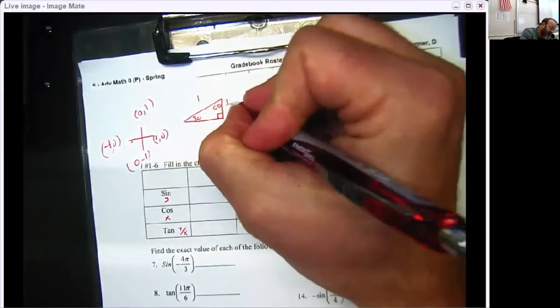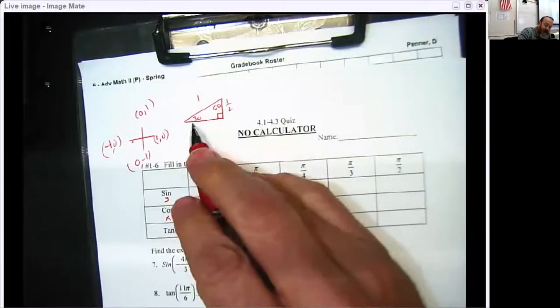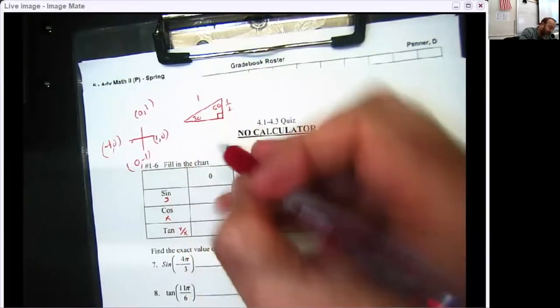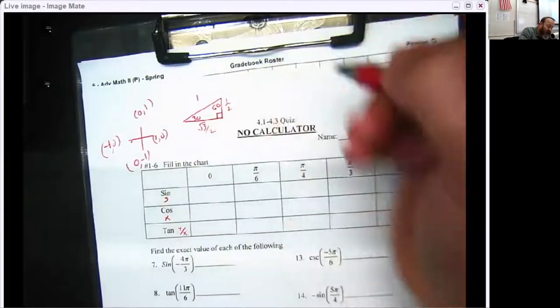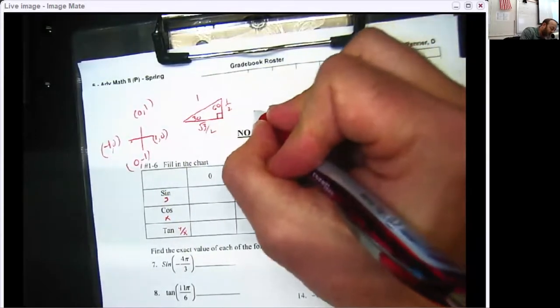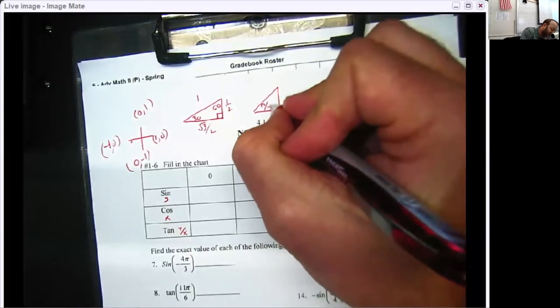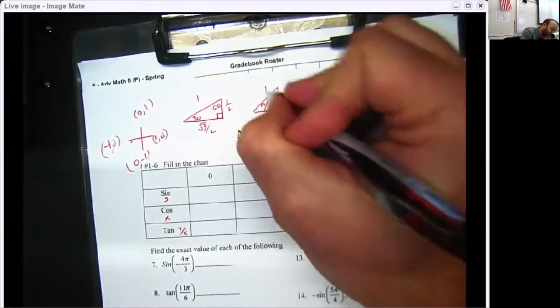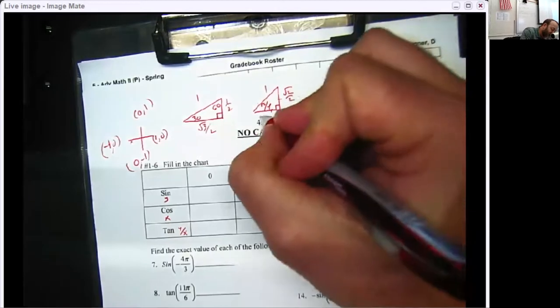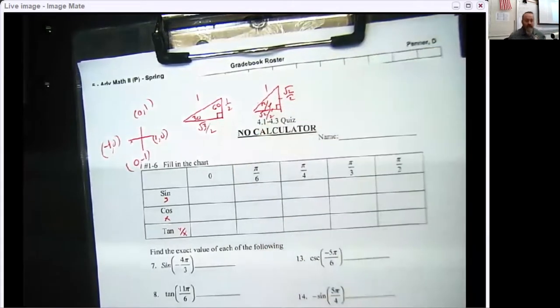This is a half, that's 1, that's a half, because it was an equilateral triangle that was split in half, and root 3 over 2. In a similar way, if we took a 45, 45, 90 over here, which this is again 45 or pi over 4, it's isosceles. Pythagorean theorem makes those all root 2 over 2.